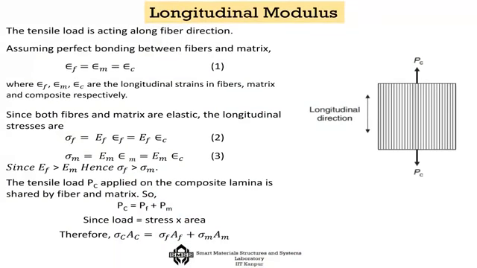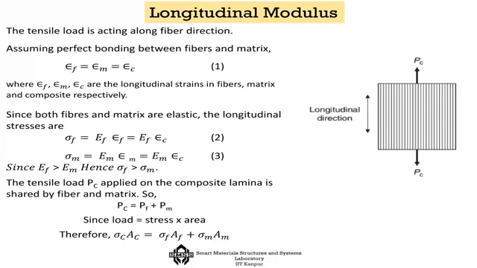For example, if I consider the longitudinal modulus, then if you assume perfect bonding between the fiber and the matrix, the strain in the fiber equals the strain in the matrix, that is the strain in the composite. In this case, for the longitudinal modulus, you have fibers and matrix as if they are two different springs in parallel.